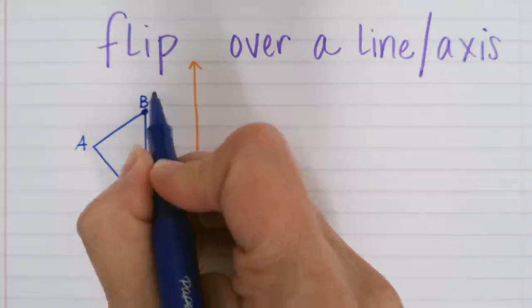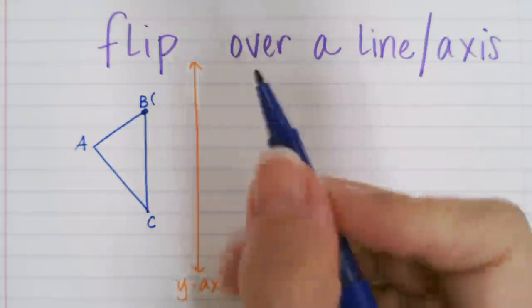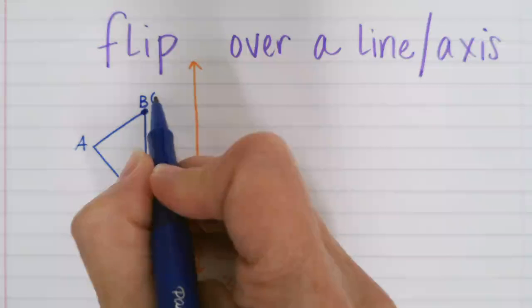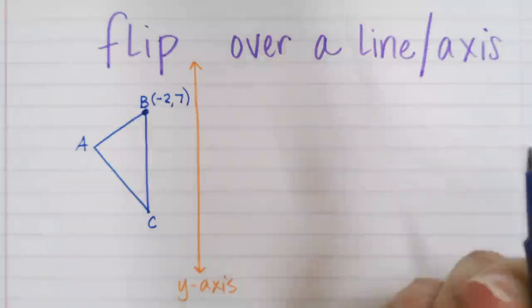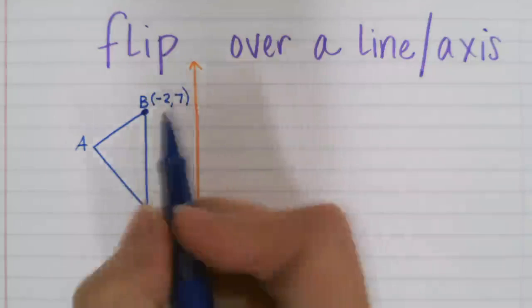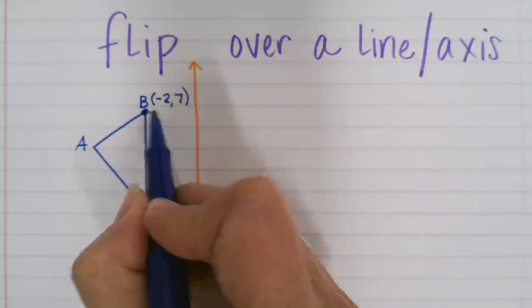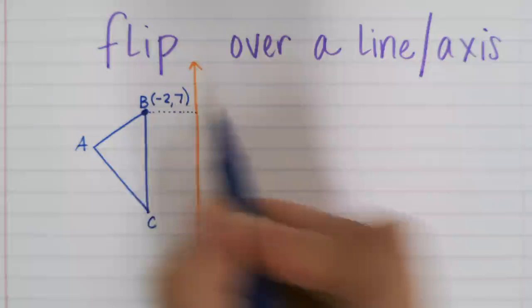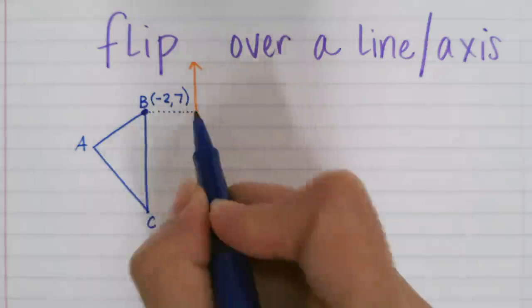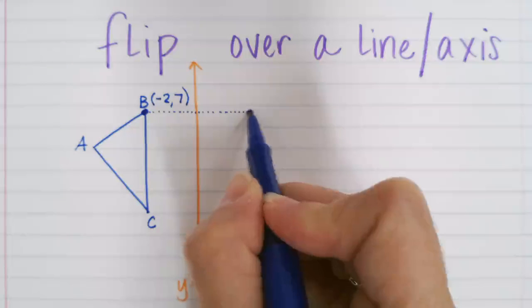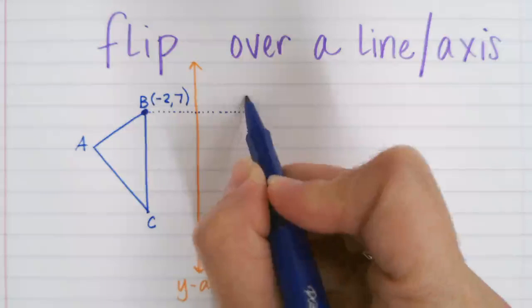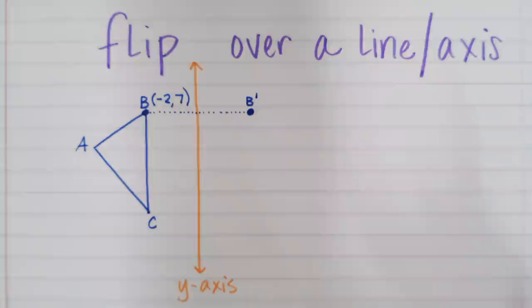Let's say that this point B is at -2, 7. If this is 2 spaces away, then I know its reflection has to be the same distance on the other side of the axis.